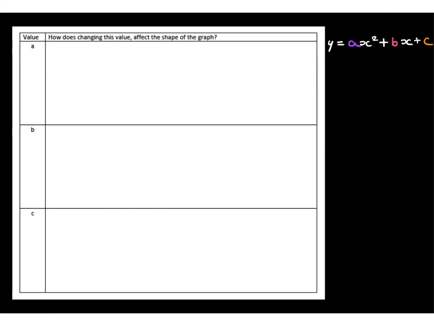So the last task that you were asked to complete in your last lesson was to try and jot down some notes about how changing the values of a, b and c affect the shape of the graph. So let's perhaps summarise some of the things that we have talked about here. How did the value of a affect the shape of the graph? Changing the value of a affects the steepness of the graph. You can see, and again, do use Desmos to have another look at this if needed.